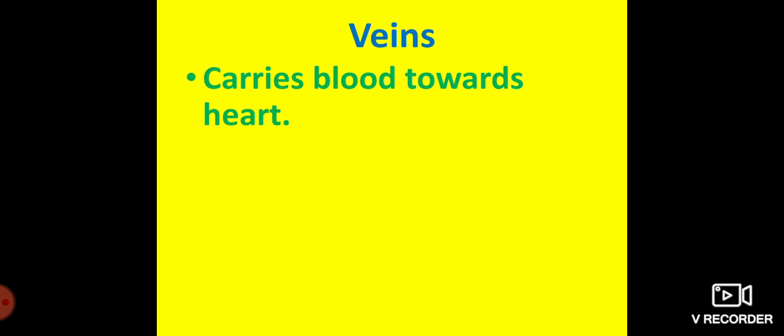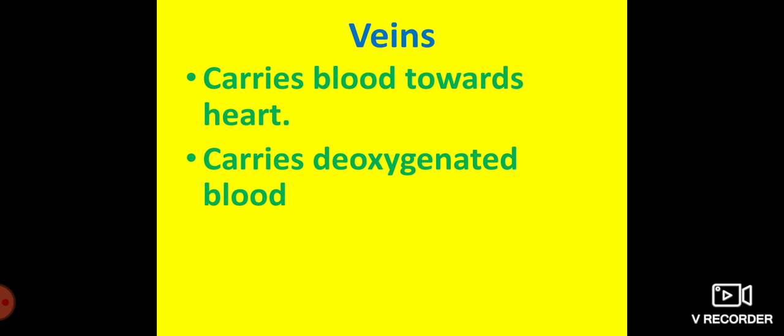Veins are the blood vessels which take the blood from an organ towards the heart. It carries blood from the different body parts to the heart. It carries deoxygenated blood from the body cells.